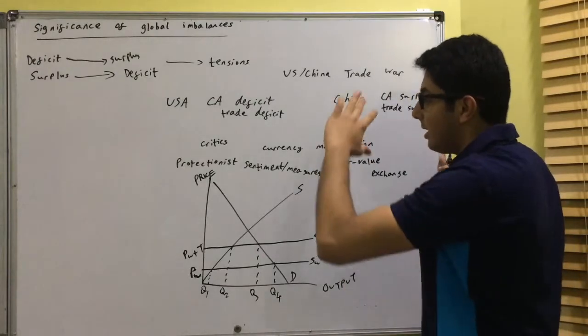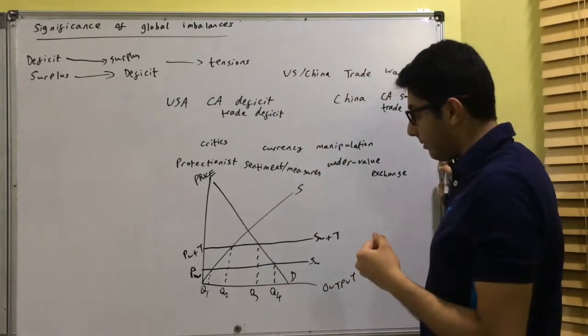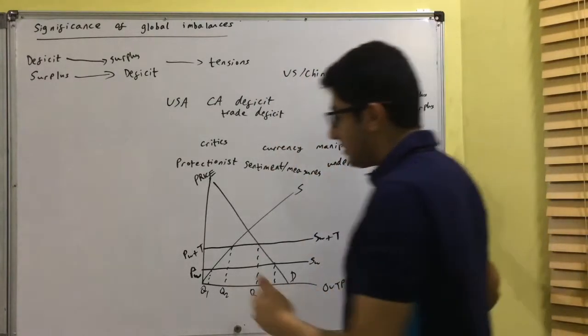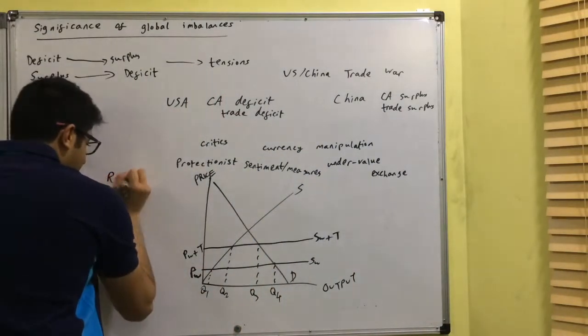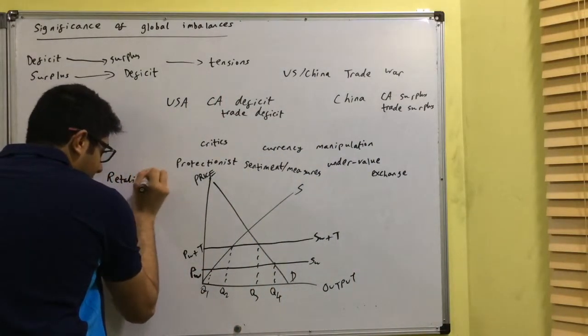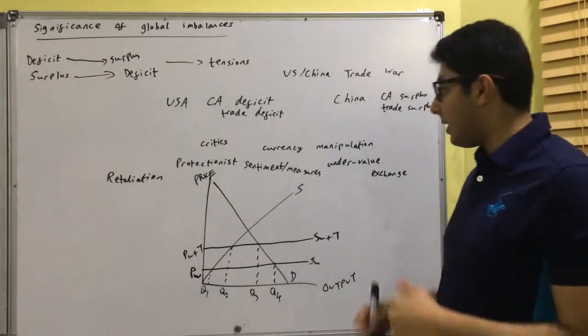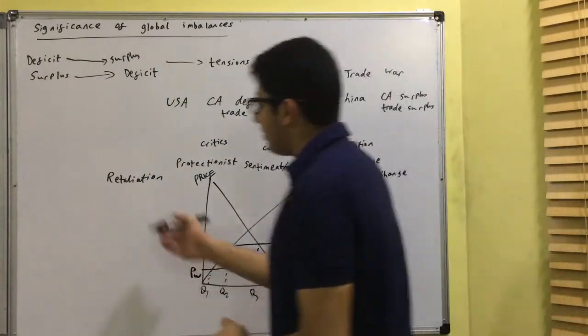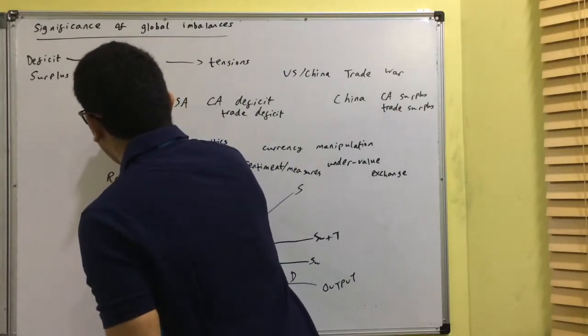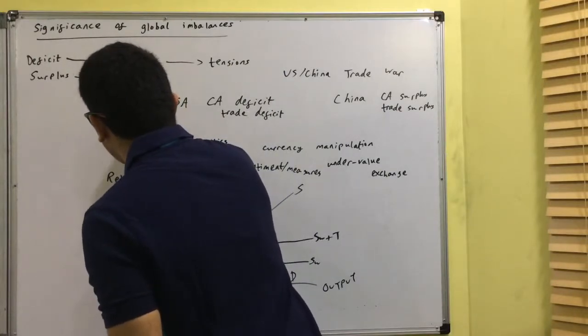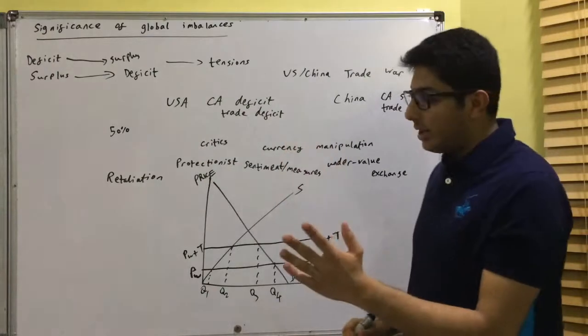And let's look at this from a more international perspective. Okay, USA imposes tariffs. What happens? Retaliation. China imposes retaliatory tariffs. Okay, you want some statistics? The USA's tariffs on China now total about 50% of total imports from China.